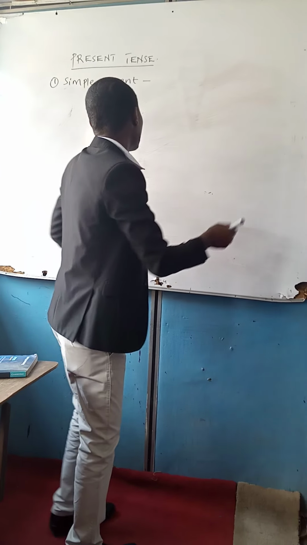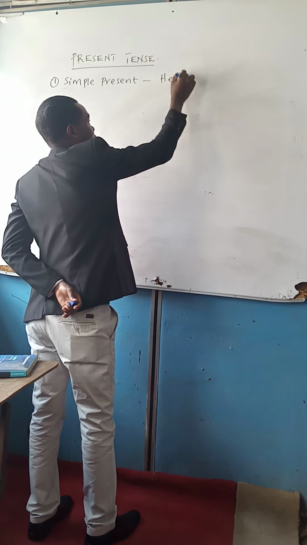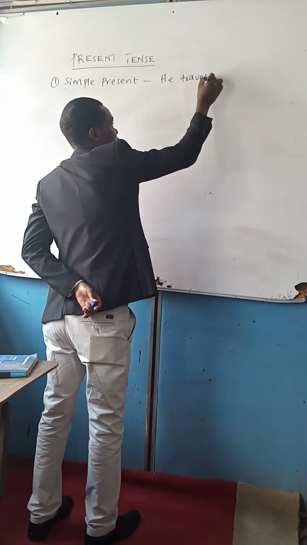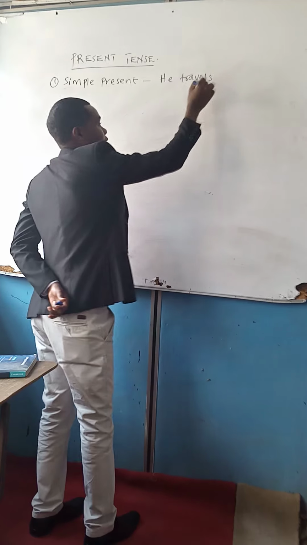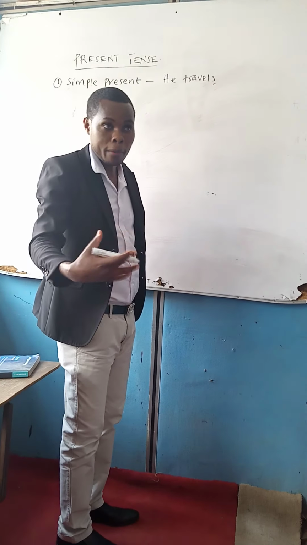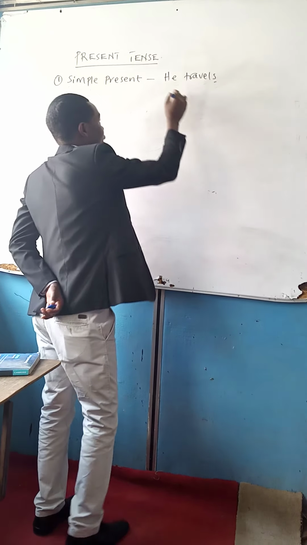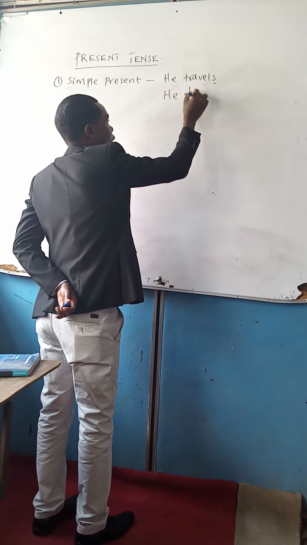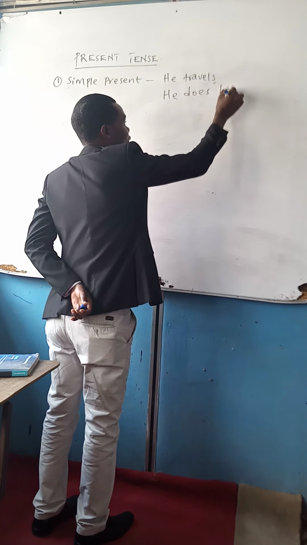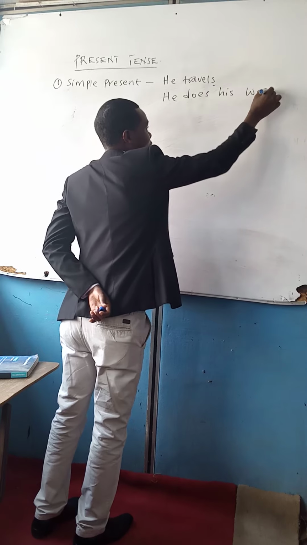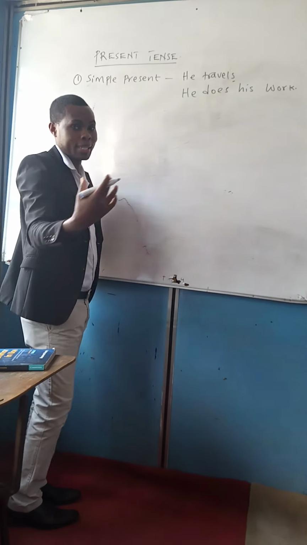For example, he travels is a simple present. This means that this action happens most of the times. He does his work. This means that the work is done most of the times.